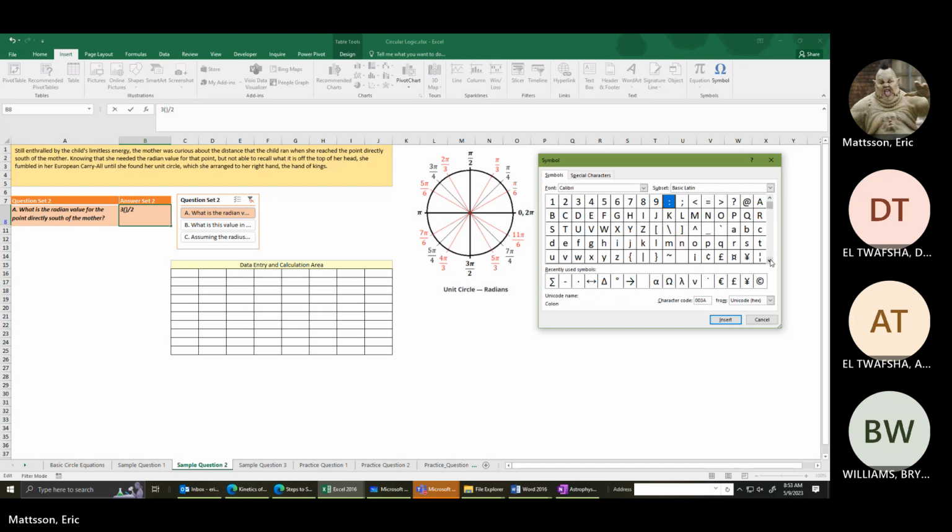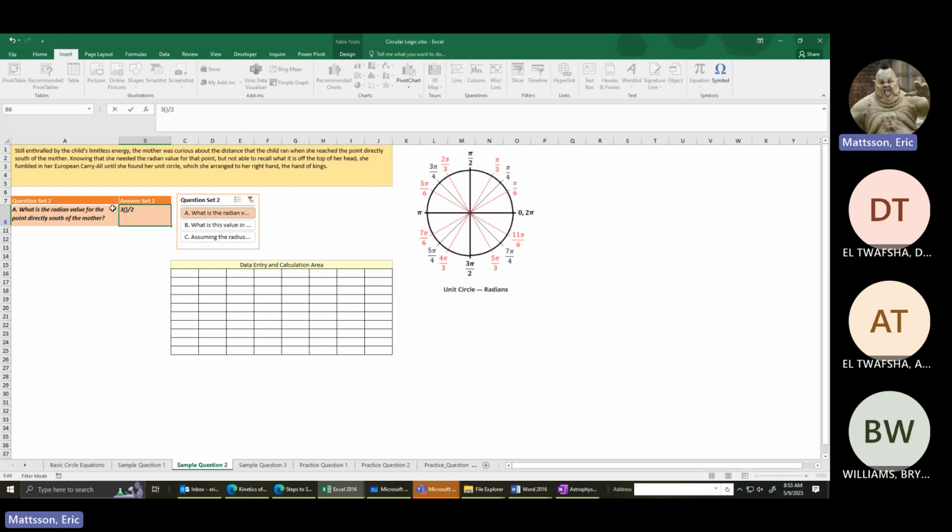Let's see. No other searchable spot here. I lied. I'm not going to look through all this now. So we'll just leave it at pi.